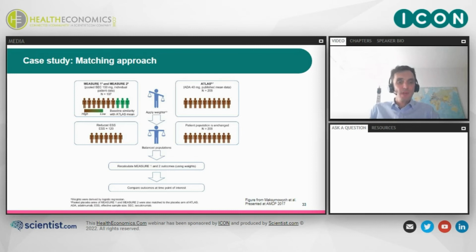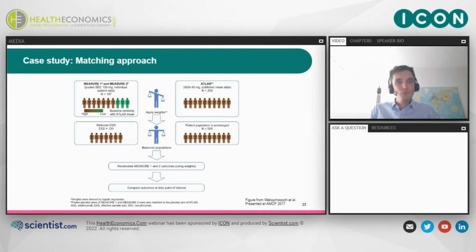So in this MAIC, outcomes between secukinumab and adalimumab were compared using patient-level data from the pooled Measure 1 and Measure 2 trials. That's what you can see on the left-hand side. And they were compared to aggregate data from the adalimumab ATLAS trial.